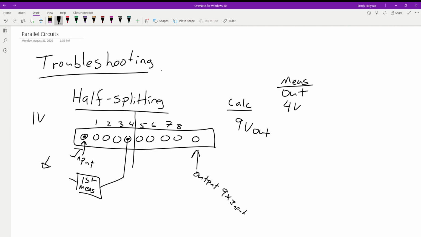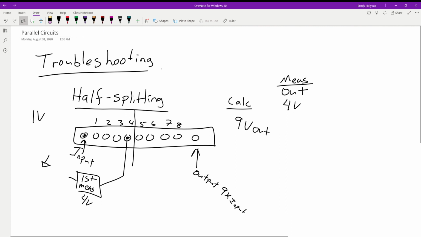Is this what we were expecting to get? Yes, because we're on stage 4. So we know that because we've selected this half, everything previously is working correctly, because we're getting what we're supposed to be getting. So we can eliminate that half as our problem.